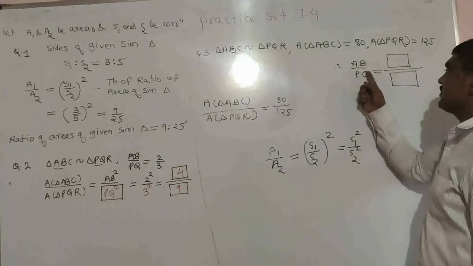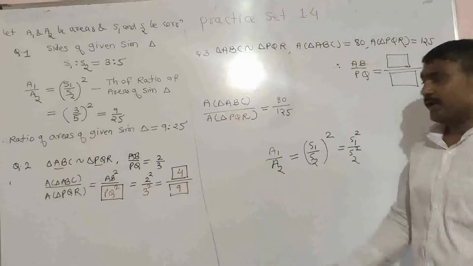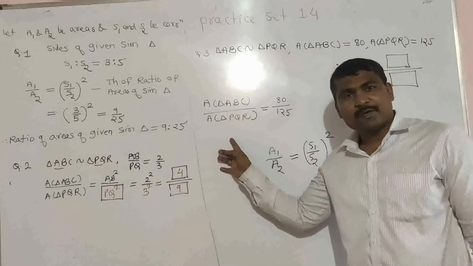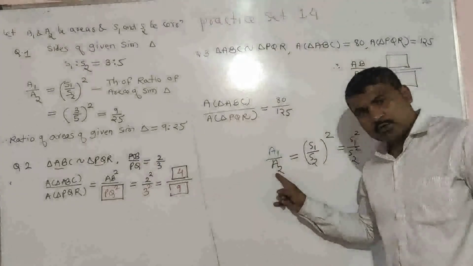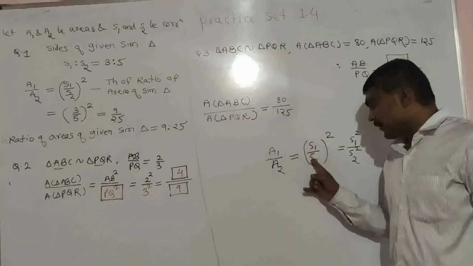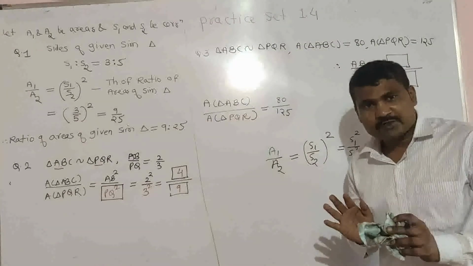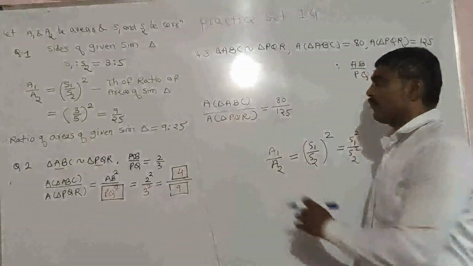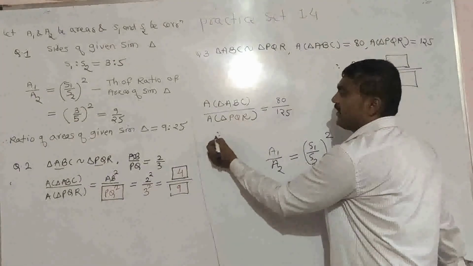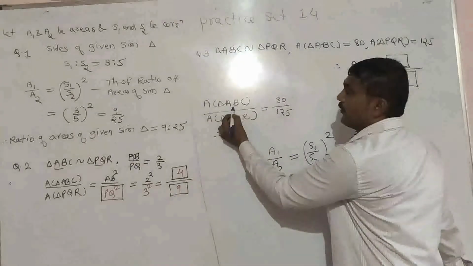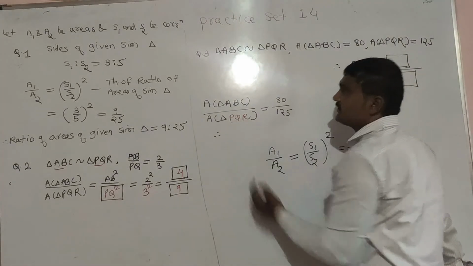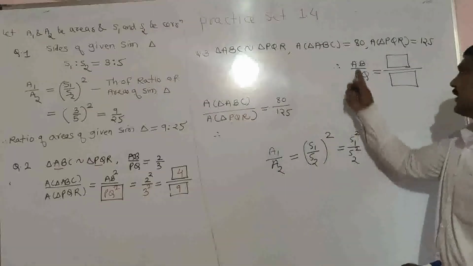We have to find the value of AB upon PQ. What is the formula for the ratio of areas of two similar triangles? A1 upon A2 is equal to S1 upon S2 whole bracket square, where S1 and S2 are the corresponding sides. When you write AB, the corresponding side is PQ, and we want AB upon PQ.